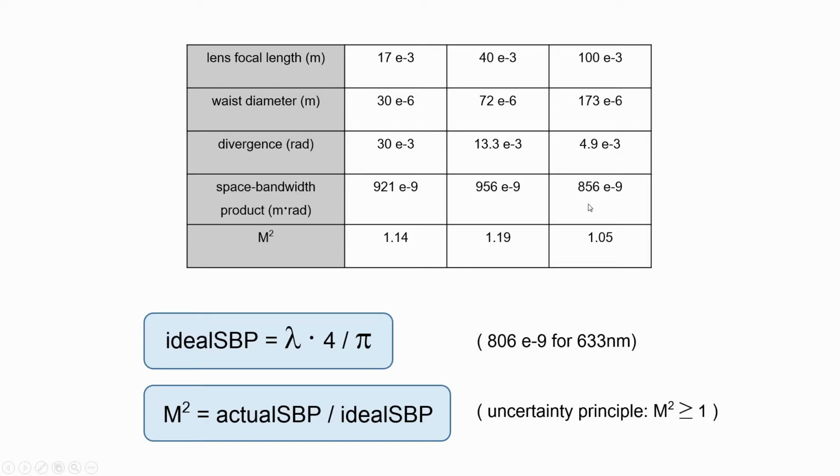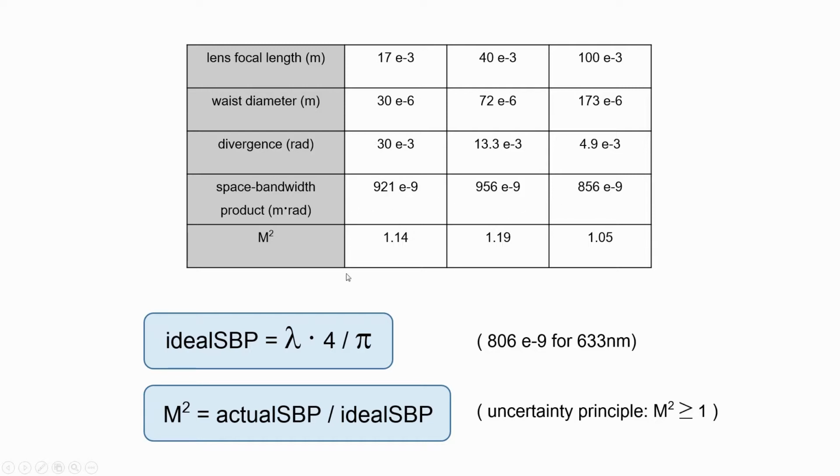It applies to a flashlight, it applies to a fire in a fireplace, but it is in the case of the Gaussian laser beam that you find the smallest possible space bandwidth product. So the ideal space bandwidth product, or really the minimum, is lambda, the wavelength, times 4 divided by pi, which in our case is 806 nanometers. And you see that we are a little bit above that, but not a whole lot.